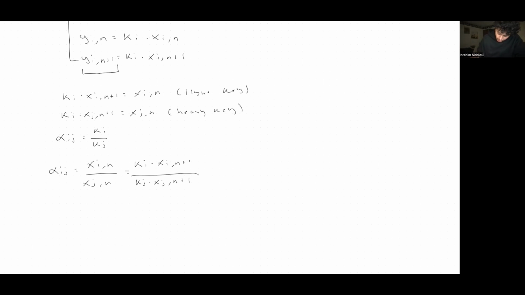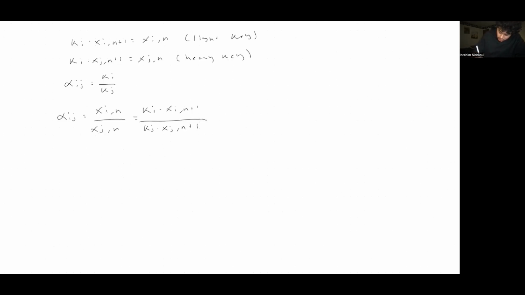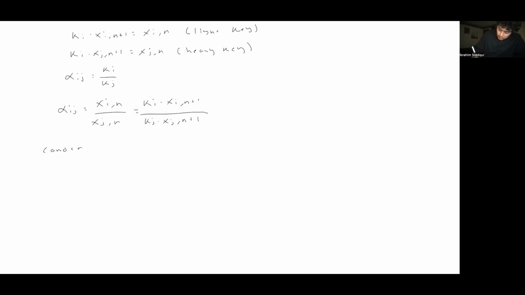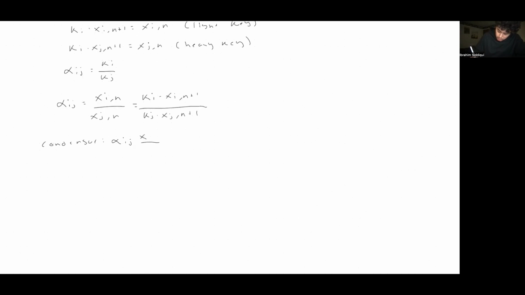Okay, so now we can set this up for the condenser, which is again our relative volatility coefficient multiplied. We're going to be looking at this at stage 0. So this is going to be multiplied by our species liquid composition Xi at stage 0 over Xj at 0. And this is also going to be equal, because we're going to be looking at stage 2 in a second, let's go ahead and write that right now.